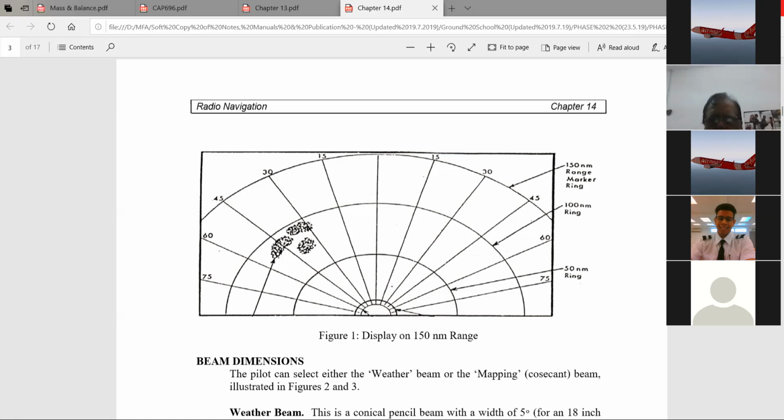Anybody in the class? We decide whether to fly above or around.